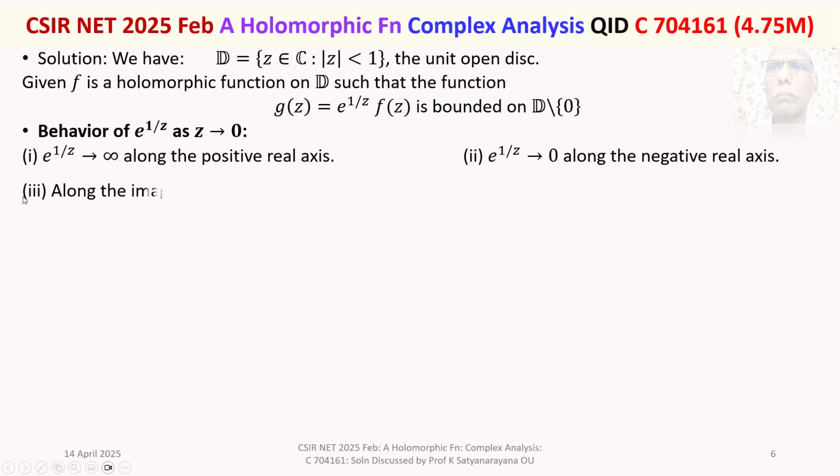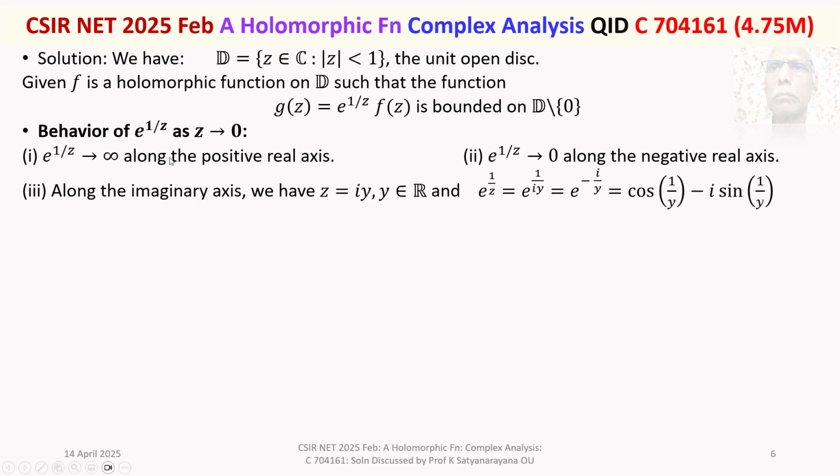Case 3, along the imaginary axis. What happens? z is equal to iy, purely imaginary, y belongs to R. Then e to the power of 1 by z will be e to the power of 1 by iy, which is equal to e to the power of minus i by y, because 1 by i is minus i.